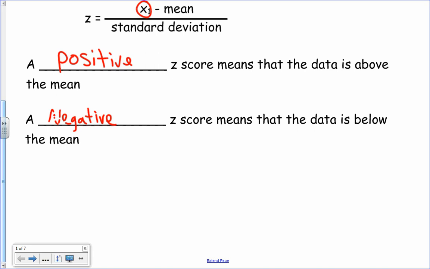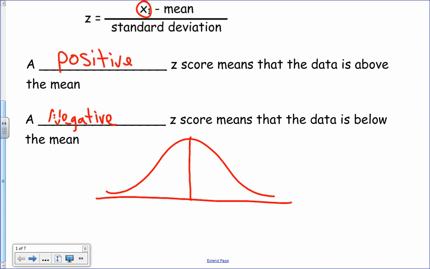What's 1 minus 2? -1, right? So I get a negative number. If I'm below the mean, I get a negative number. If I'm above the mean, I get a positive. That makes sense, does it? That mean on our continuum, when we draw the bell curve, remember, we put the mean at what number? 0, right? That's where the mean goes. That's just giving you a visual right there.